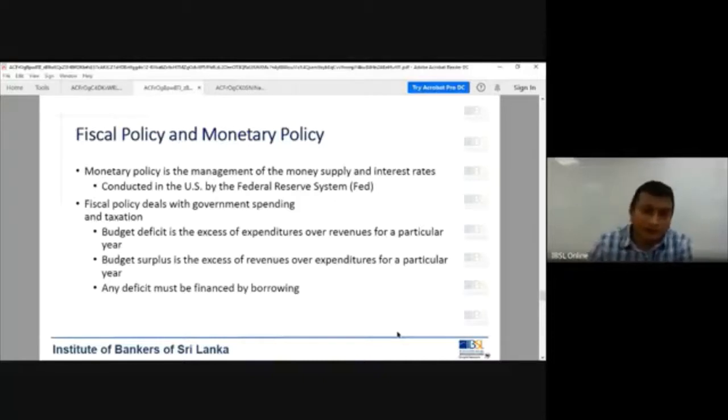What you are seeing here is the US experience as well as the conduct of monetary policy, but we will elaborate from Sri Lanka's perspective also, as and when we discuss the US Fed Reserve's experience.